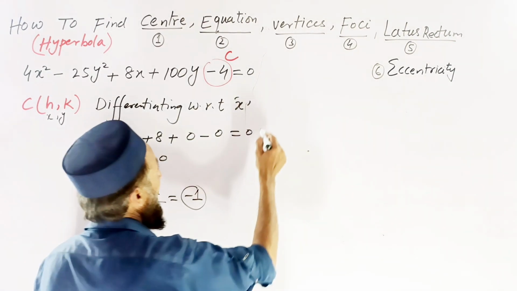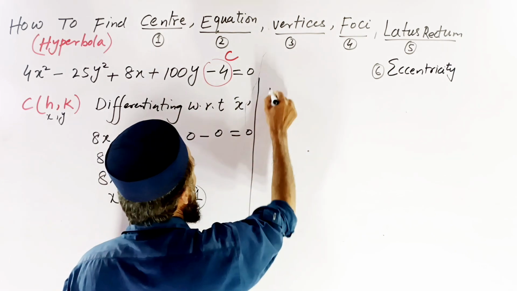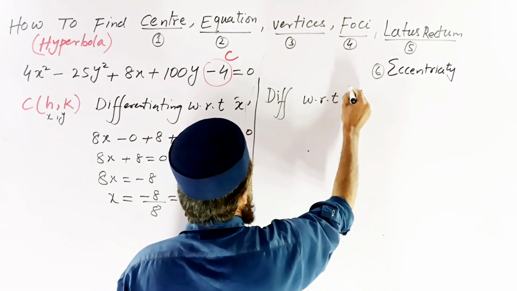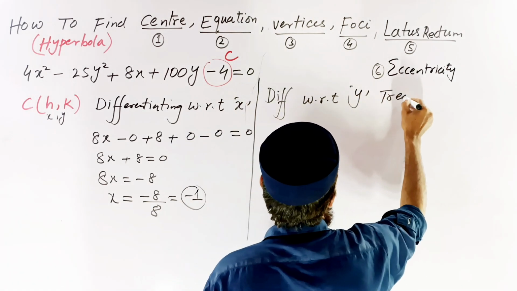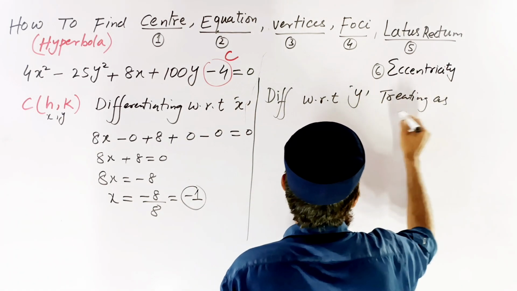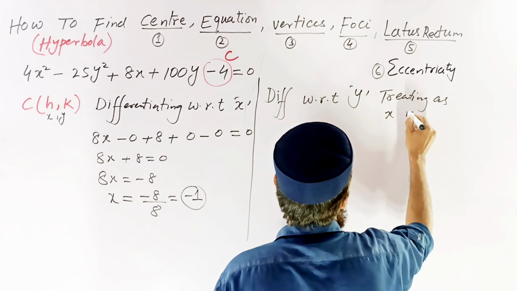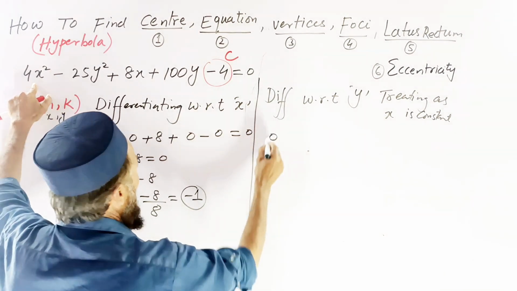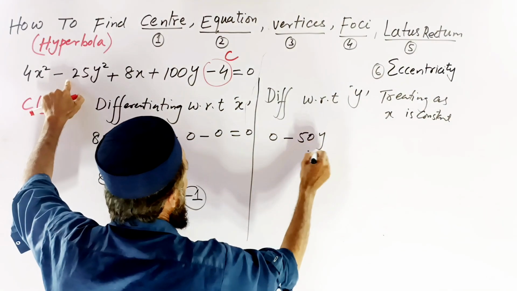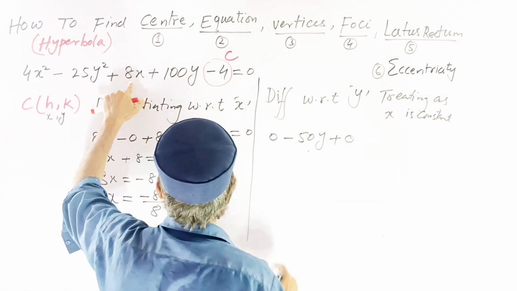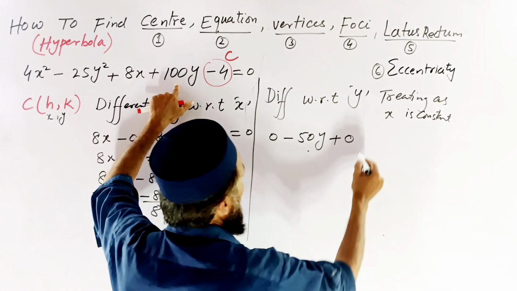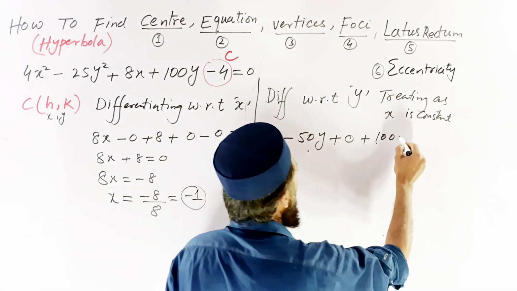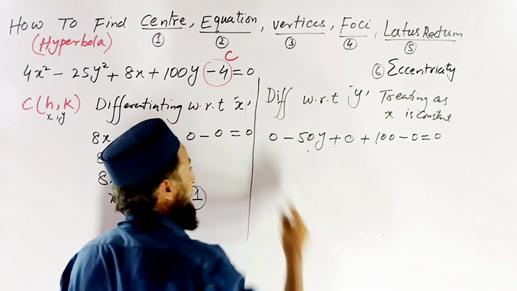Now we differentiate again, this time with respect to y, treating x as constant. So this will be 0, and minus 50y, and 8x is constant so its derivative is 0, and plus 100y has derivative 100, and the constant derivative is also 0.